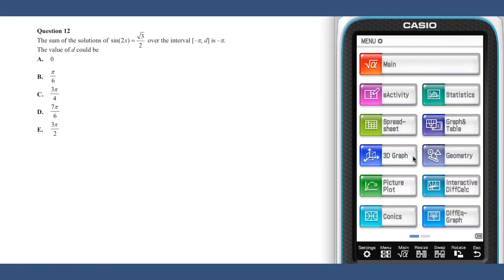Question 12. We are interested in the sum of the solutions of sine 2x is equal to root 3 over 2 over some interval. We can solve this equation on our class pad.